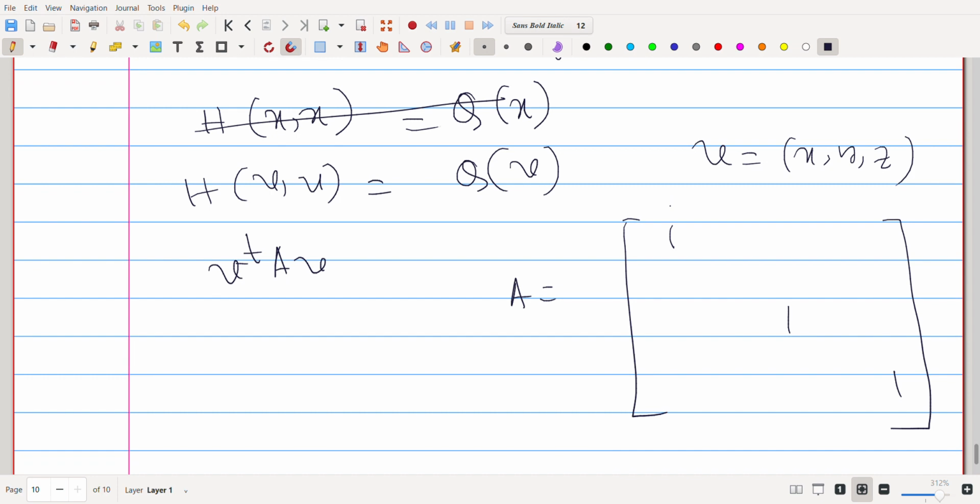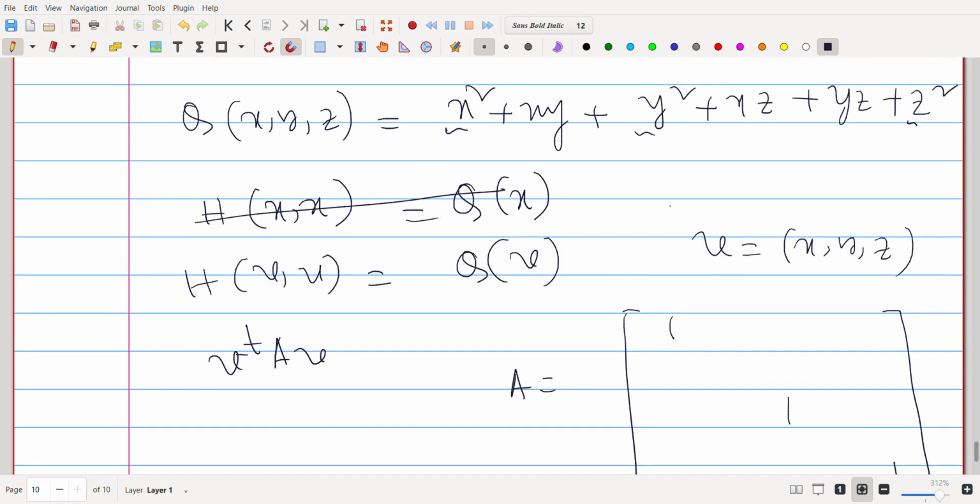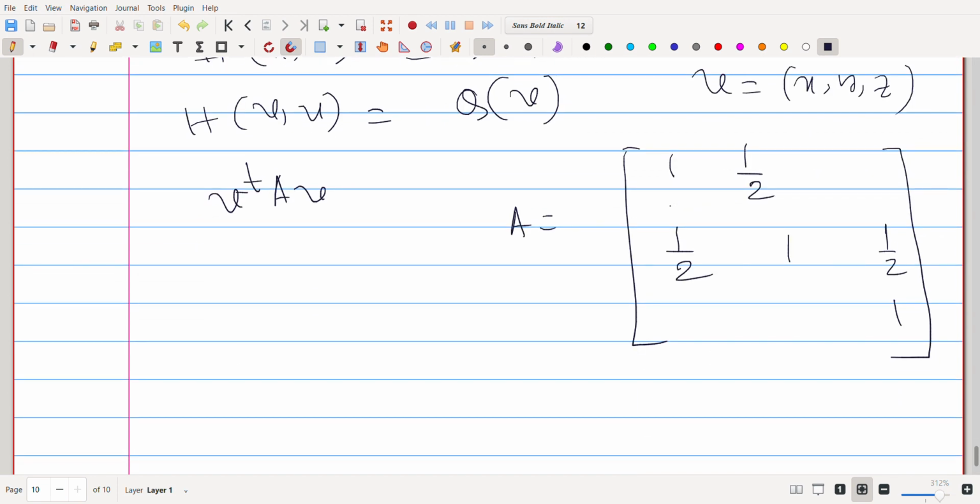And the coefficients of the other terms, say the coefficient for the xy term, divided by 2 will be here. So 1 by 2 and 1 by 2 here. For xz, 1 by 2 and 1 by 2 will be here. For yz, 1 by 2 and 1 by 2 will be here. So this is the matrix.